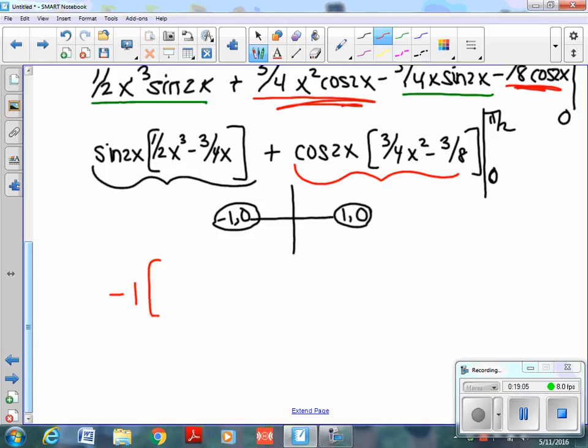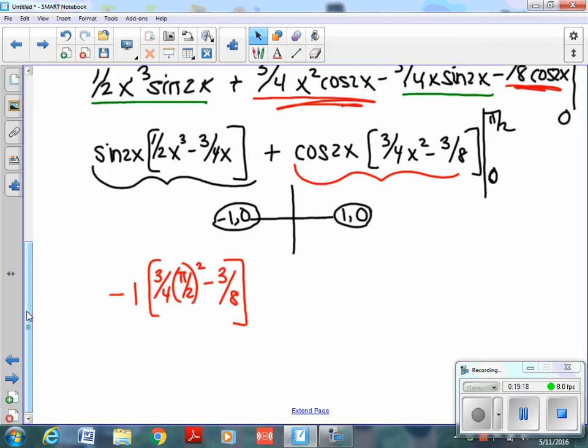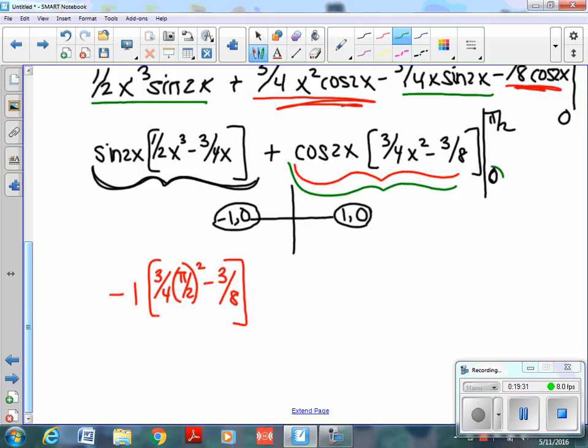But then you have this part right here, and you have to plug 3/4 in place of x squared, I need to put pi over 2 raised to the second minus 3/8. Same thing with the next one. I'm going to plug 0 in, and when you plug 0 in, the sine of 0 is 0. So this whole part again cancels out, and you're going to be left with only this part for the 0. And when you do that, you're going to have a negative.